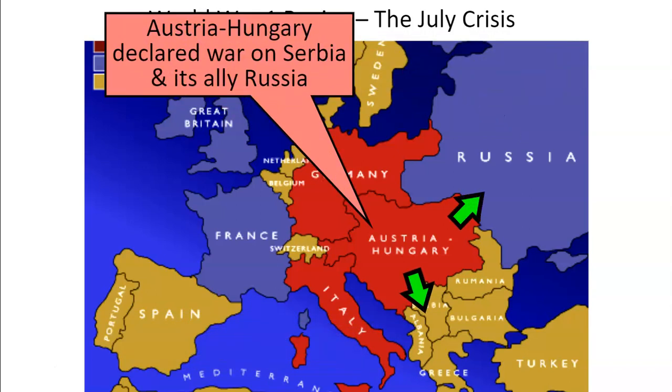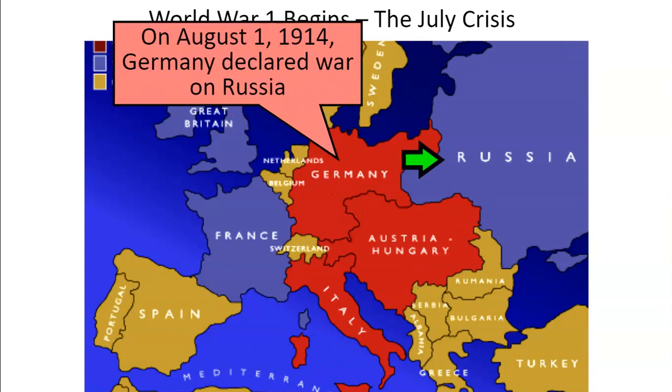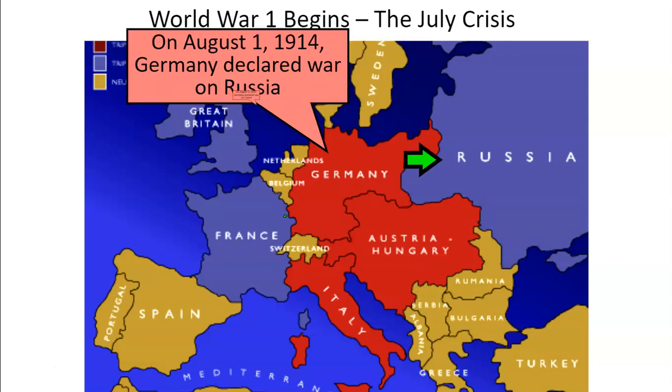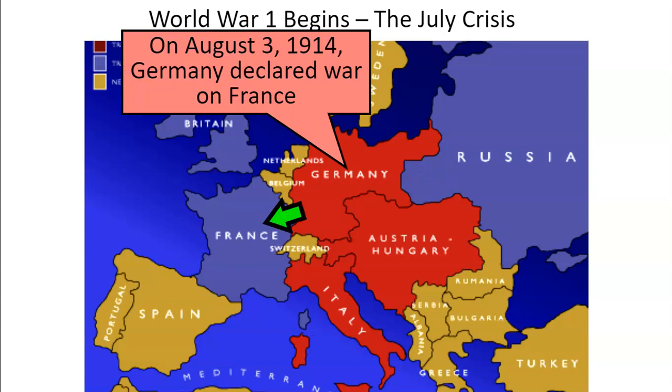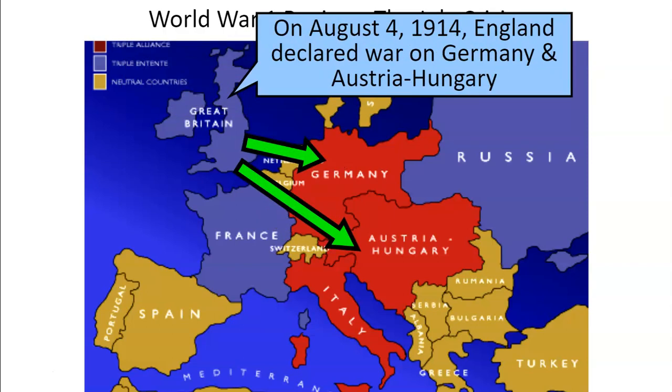Austria-Hungary declares war on Serbia and its ally Russia. And on August 1st, 1914, Germany declares war on Russia, because of course they did. But on August 3rd, they declare war on France. So they're going after both of their neighbors here. And August 4th, 1914, England declares war on Germany and Austria-Hungary.